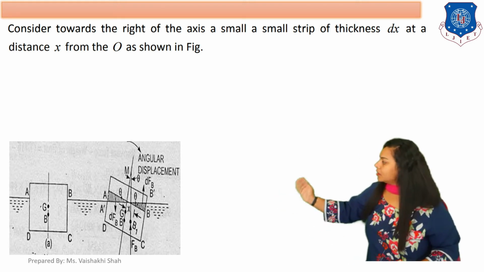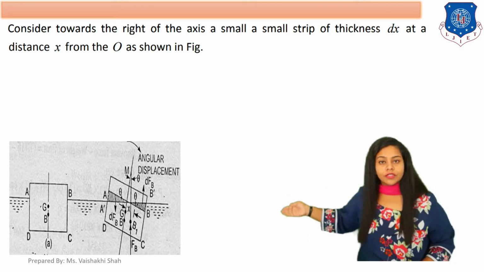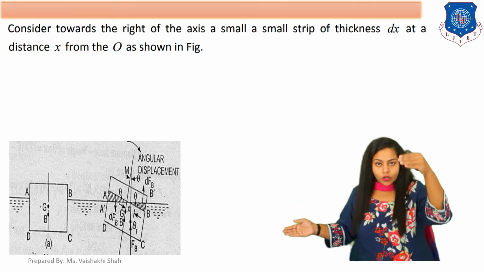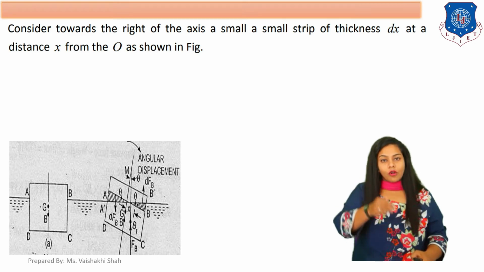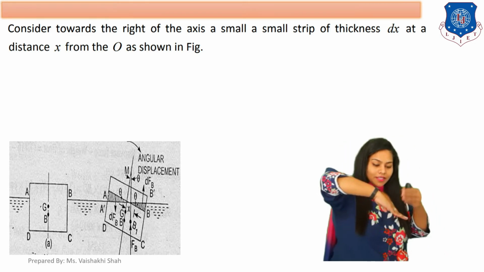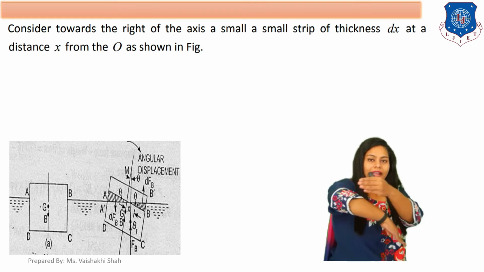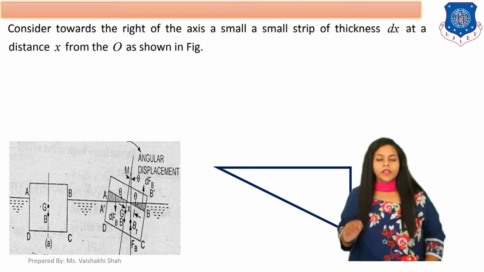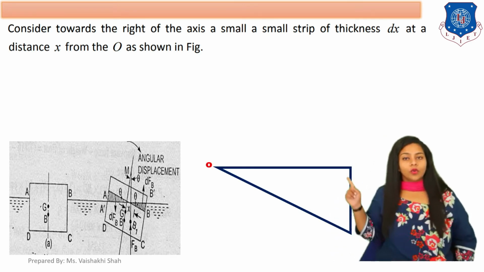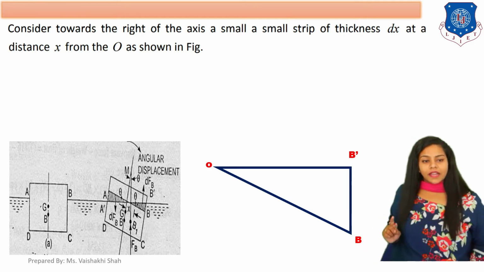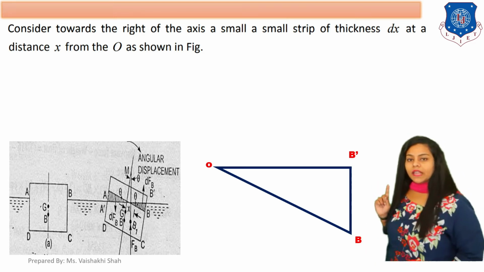This is your rectangular body which is tilted. The triangle O B dash B goes inside the water and the triangle O A dash A comes out of the water like this. Okay. So in triangle O B dash B, we are considering a small strip here.